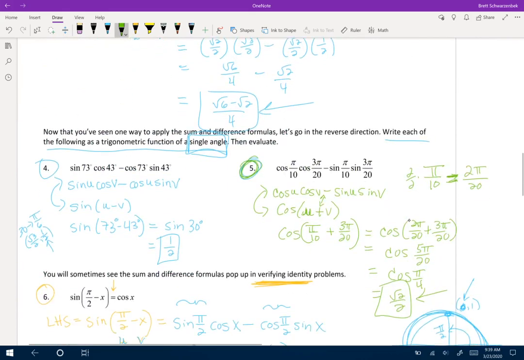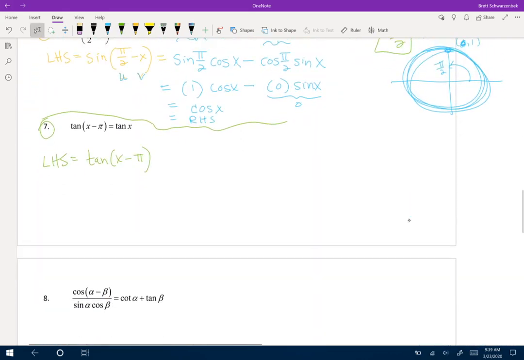Well, let's do it. We have the tangent of our u, which is our x, and then minus the tangent of our v, which is pi, over 1 minus, again, tangent x and tangent pi, multiplied.